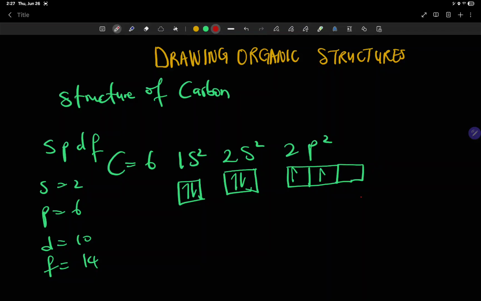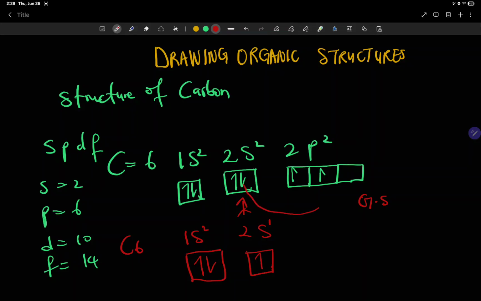This is the ground state of carbon. In its excited state, the same carbon will have a representation that looks this way. There will be excitation here, which will give us a result like this, 2s1.